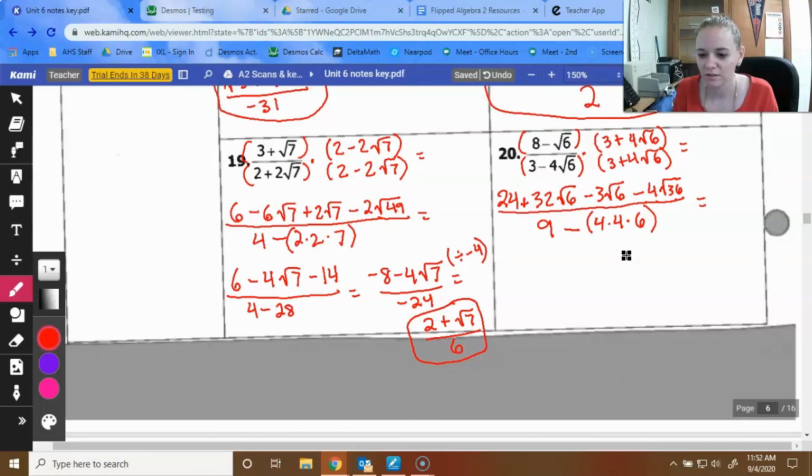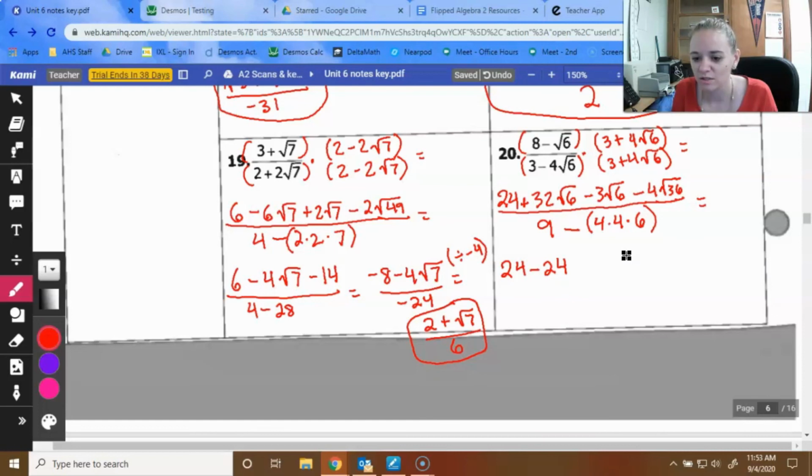Alright. Let's go ahead down here. Let's see, do I have anything that'll combine? I think this right here does. So this radical 36 is going to change to a 6. So 6 times 4 is 24. So I really have minus 24. Interesting. So that's going to go away on my next line. I can also subtract these, 32 minus 3, because they both have the same radical.